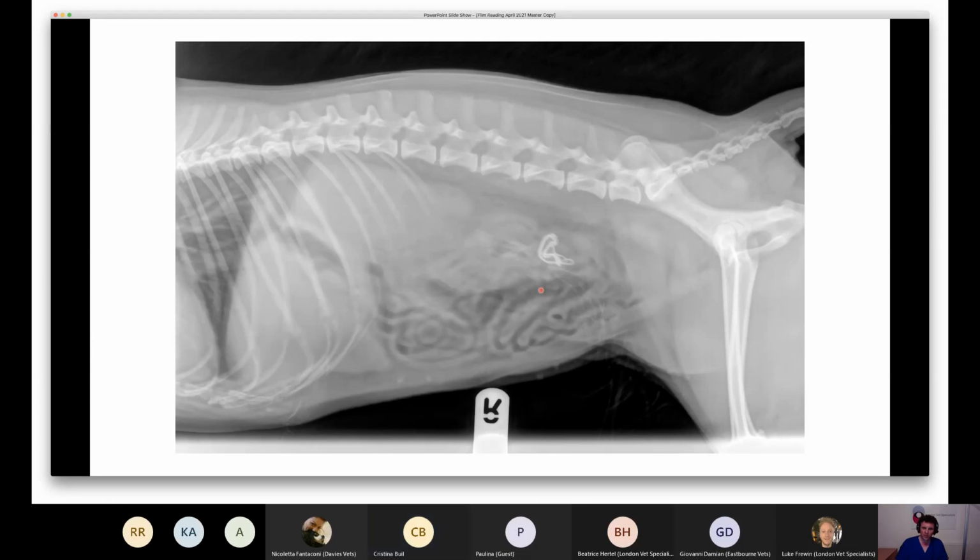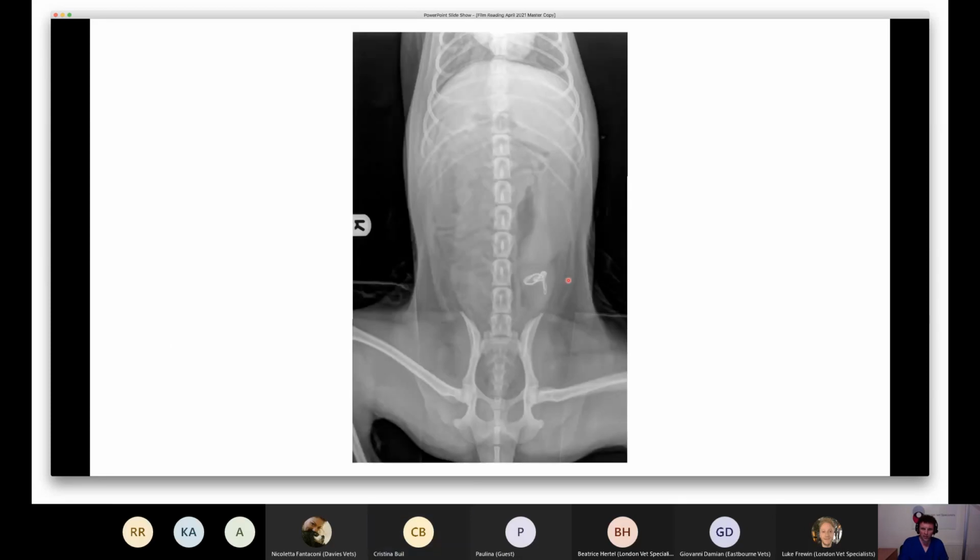So the thing for us to focus on here is, what is that? It is linear. It is very sort of coiled up, if it is something linear, and it is really tricky to work out where that structure is. We can see the descending colon here in this view, and the structure, as you've very nicely described, does have a soft tissue opacity surrounding it, and it's sort of adjacent to the colon here.